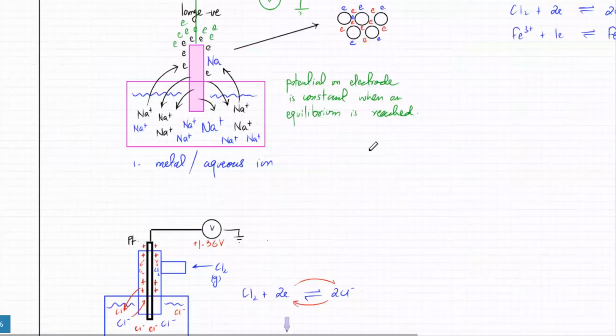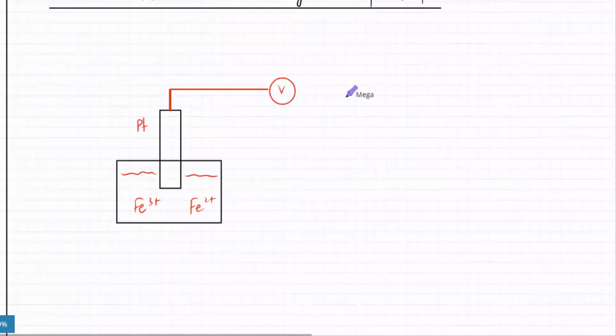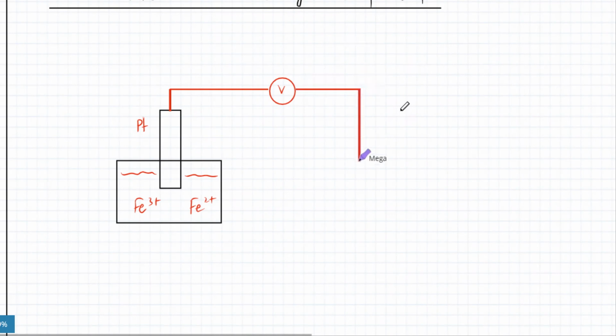What's the reference point? What you do is you pick one electrode and use that to measure the potential of all the other electrodes. So if I want to say that this has a higher potential, but higher potential compared to what? That other thing where you do all the comparison, that's your standard hydrogen electrode.